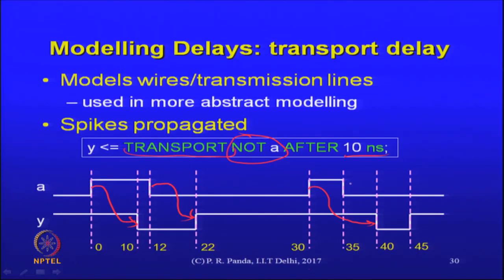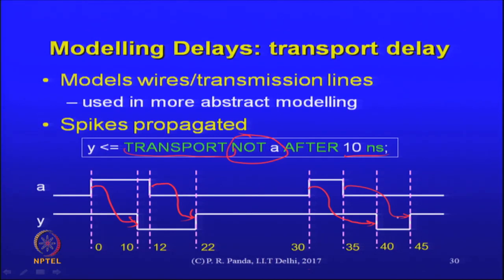Transport delay will still go ahead and schedule the next event for 10 nanoseconds from the time that the input changed. So, that is one fundamental difference between these two delay models.